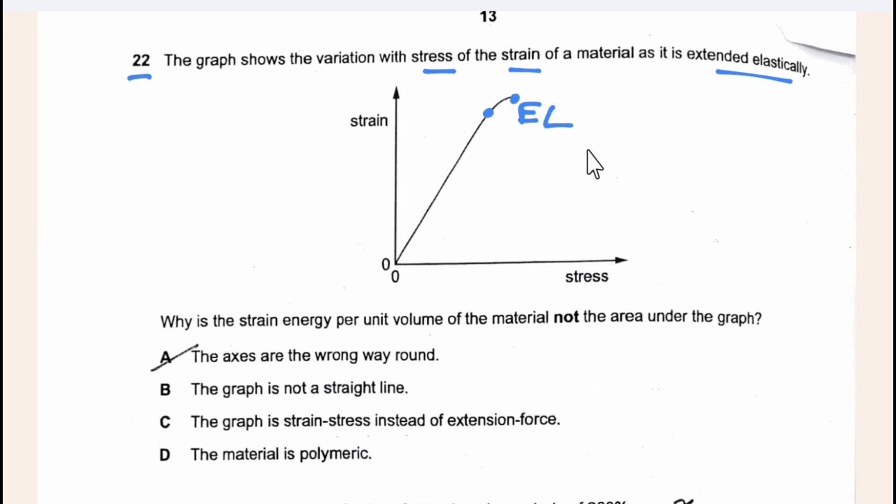If we consider it clearly, instead of being a stress-strain graph, it is a strain against stress graph. So this is a wrong graph. It should have been stress on the y-axis and strain on the x-axis. Then this graph is correct. So the axes are the wrong way round, and option A is correct.